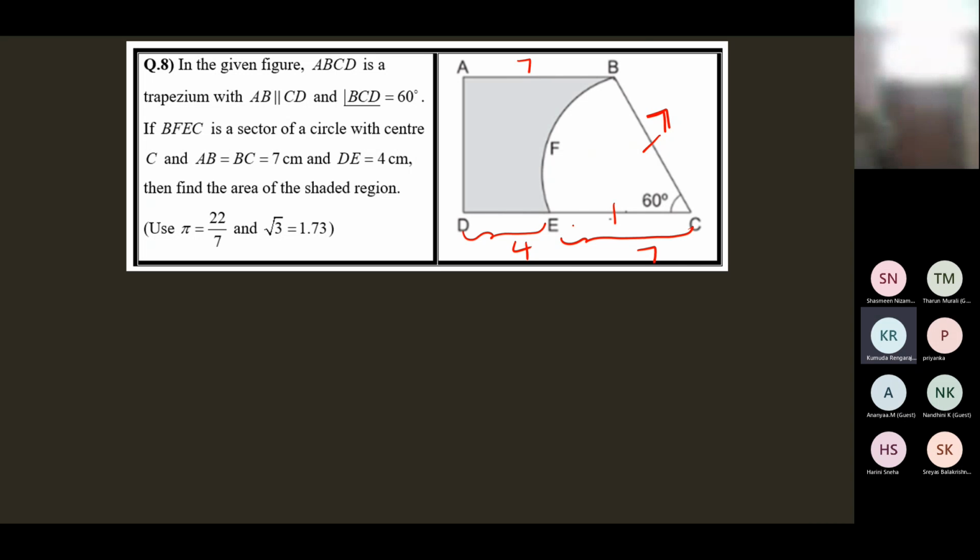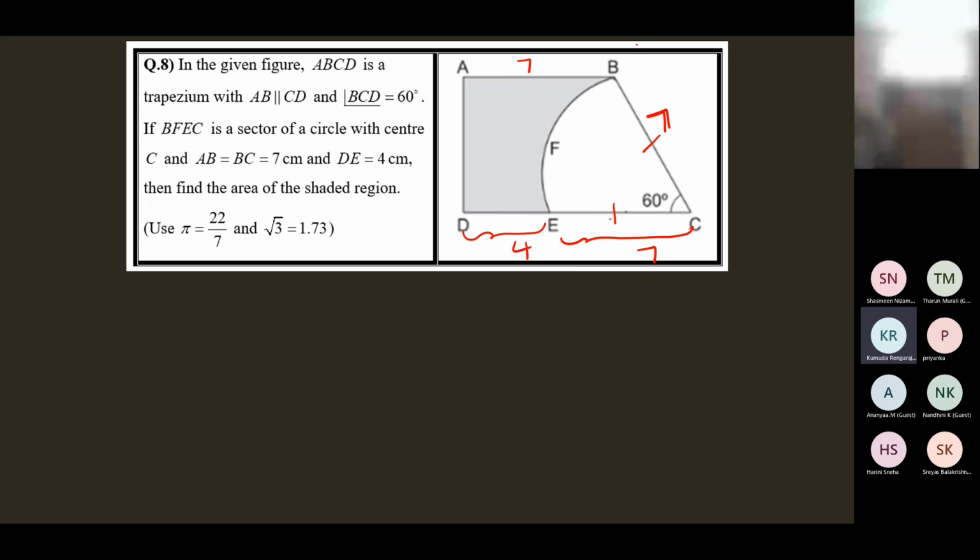For the trapezium, you have the formula: half the sum of the parallel sides, into the distance between them. The parallel sides are AB, 7, and DC, 7 plus 4, which is 11. BC is not the perpendicular distance between the parallel sides.